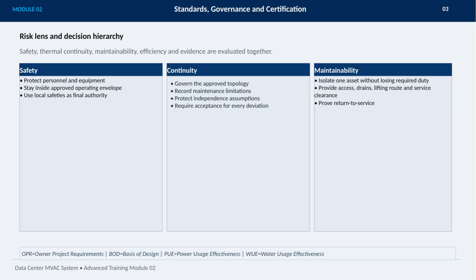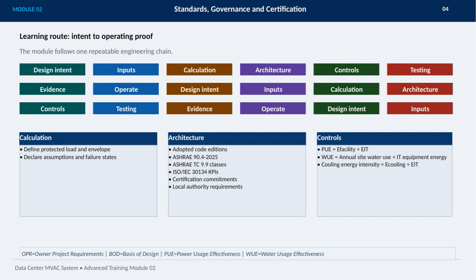design bases. This module focuses on standards, governance, and certification for data center MVAC systems. We'll explore a repeatable engineering process that starts with the design intent and carries through to operation. The key steps include defining the design intent, gathering inputs, performing calculations, developing the architecture, implementing controls, conducting testing, and gathering evidence to operate effectively.